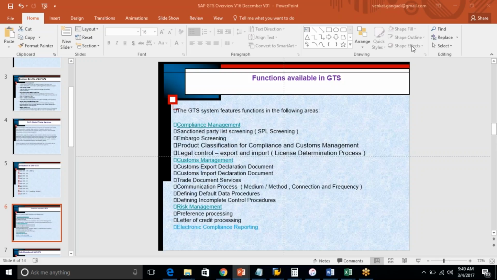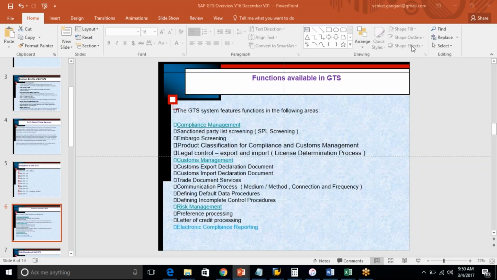Okay, let us start discussing compliance management. By this time you understand what compliance is. When you say that a particular company or person is compliant, or non-compliant, whenever you fulfill the rules and regulations, you are compliant.